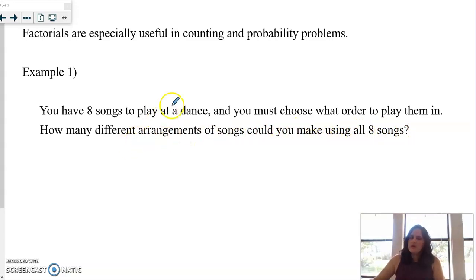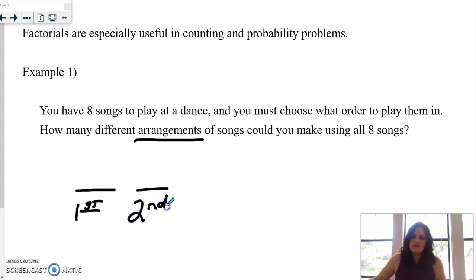The fundamental counting principle is something we've talked about before, and anytime you're trying to arrange things in a particular order like this and count how many different ways you can do that, the counting principle works very well. So in this case, the decisions that have to be made are which song do I play first, which song do I play second, which song do I play third, all the way up to the last song.